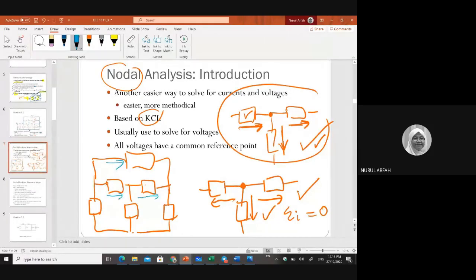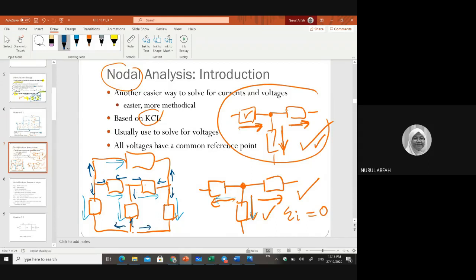So I will stick with this sign. But for their circuit, since they have currents going out from the nodes, they will stick with all going out from the nodes.